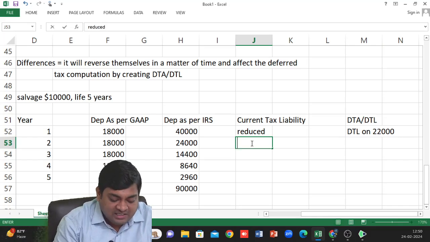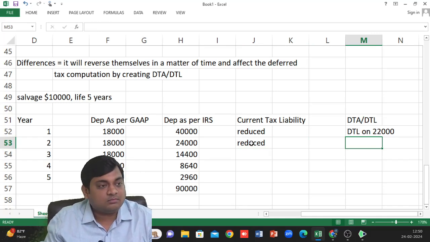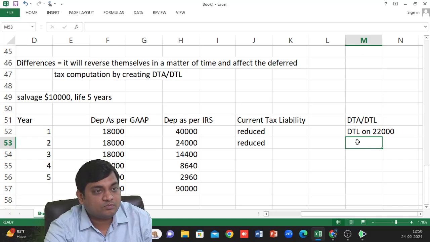Second year again it is reduced. Yes or no? So now I will create deferred tax on 6,000.